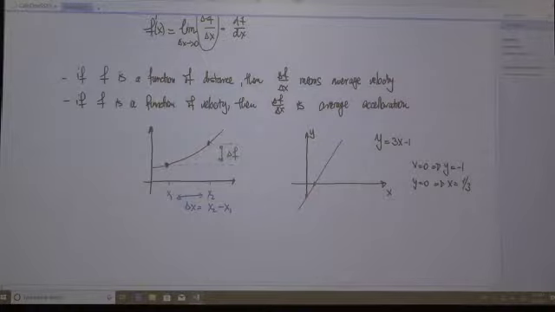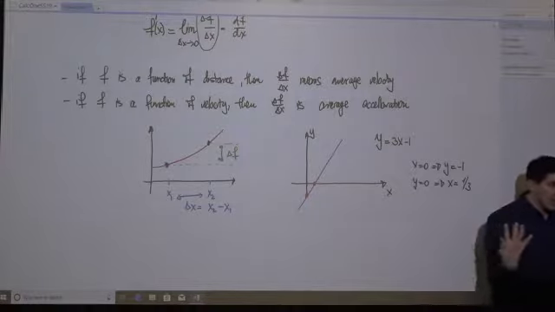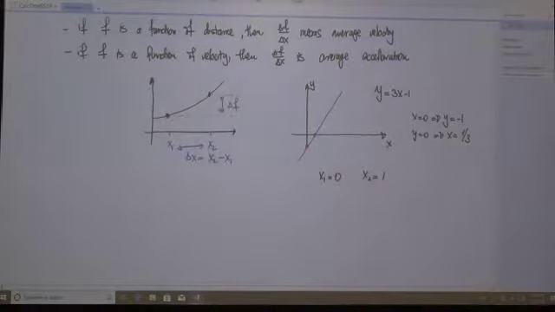Now I would like to understand what the slope of this line is. I would like to measure this. In order to measure the slope of this line, you always need to choose 2 points. You can choose any 2 points. For example, x1 equal to 0 and x2 equal to 1.